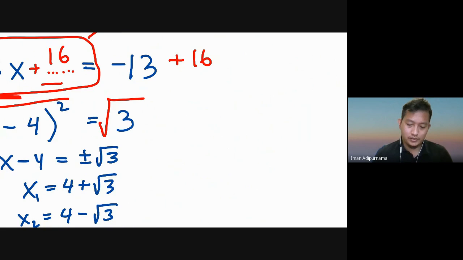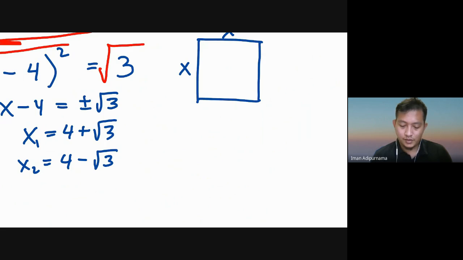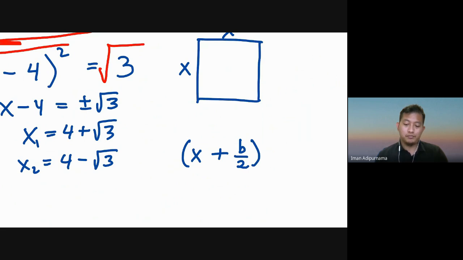So if you have x plus, usually the term is b over 2, okay, and squared.